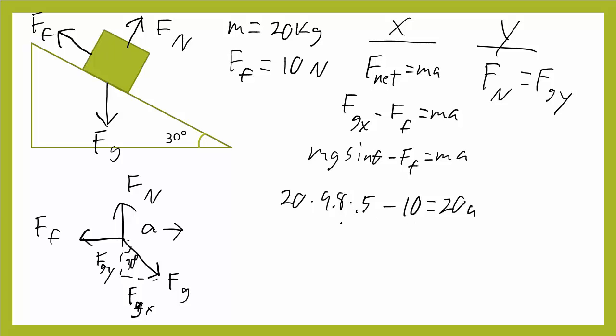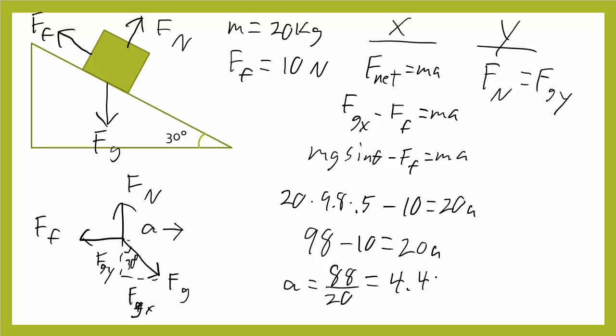All of this stuff works out to be 98. Half of 20 is 10 times 9.8 is 98. Minus 10 equals 20a. 88 over 20 is equal to our acceleration, and that works out to be 4.4 meters per second squared.